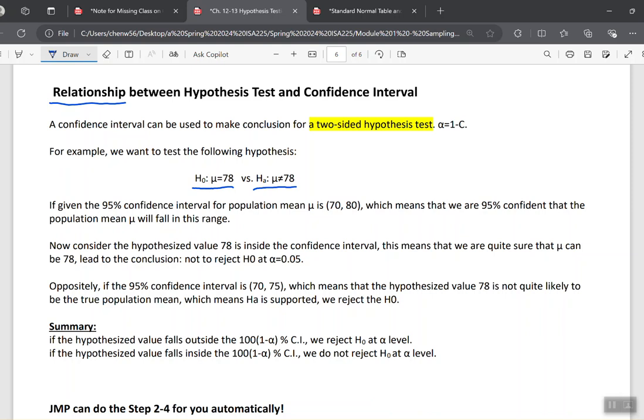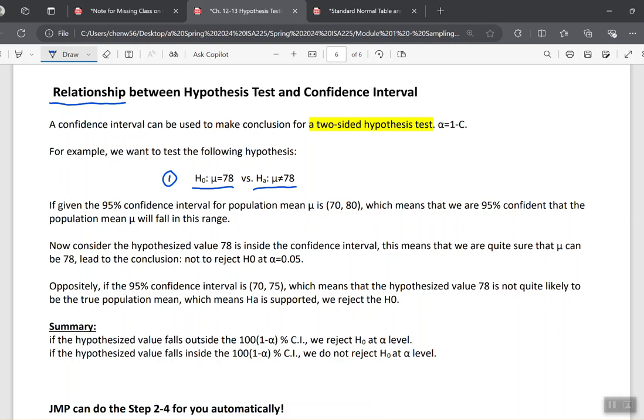Normally we want to go through this 4-step hypothesis testing process. This is our step 1. We want to calculate the test statistic, use the test statistic to find the p-value, and then compare the p-value with alpha so that we can get our conclusion.